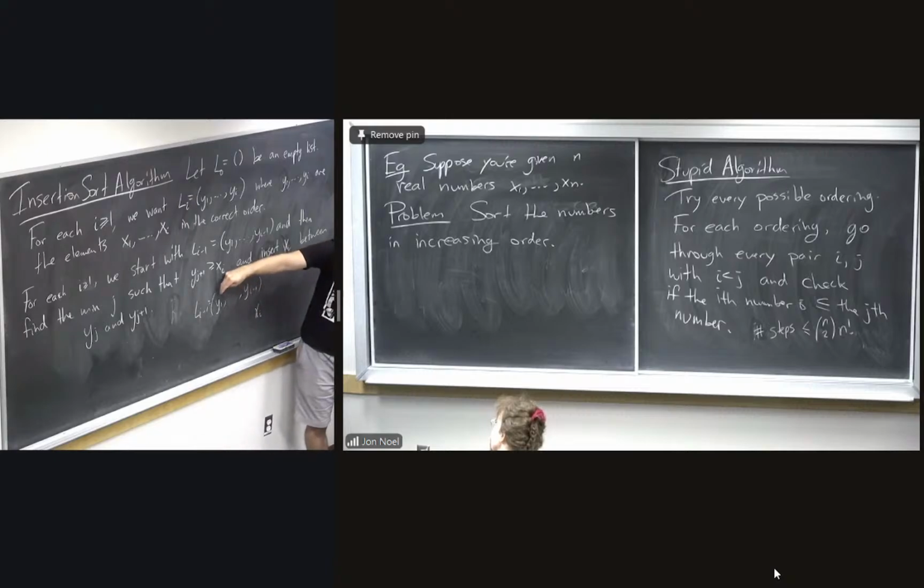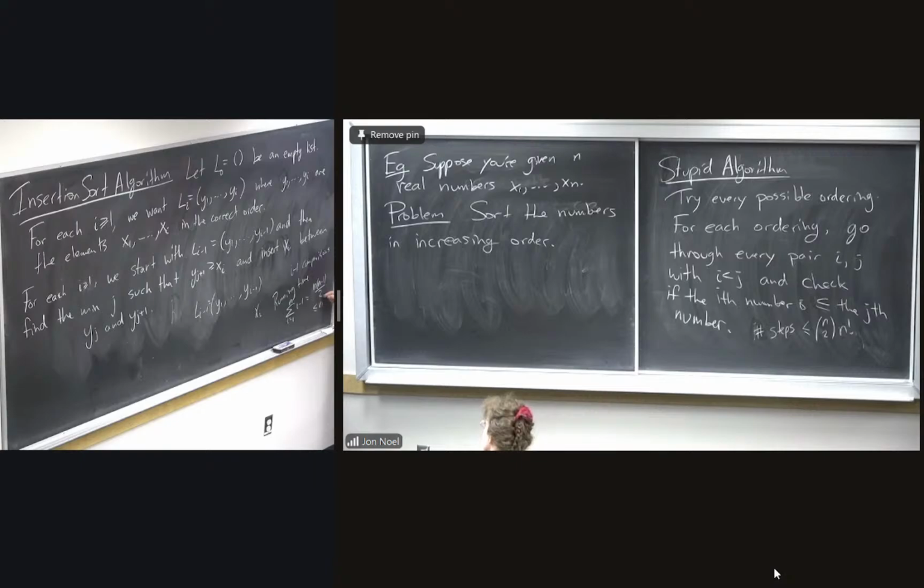I have to compare it to y1, y2. I might have to compare it to everything. So on the ith step, I do i minus 1 comparisons. So your running time is something like the sum i equals 1 to n of i minus 1, which would just be n times n minus 1 over 2, which indeed is at most n squared.